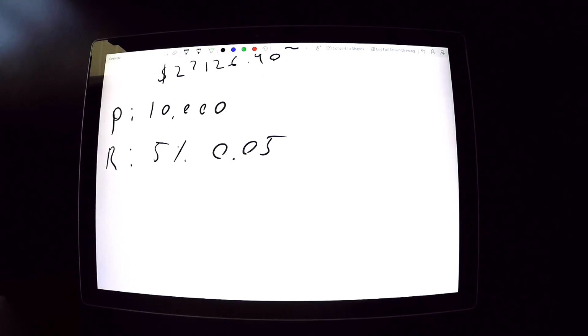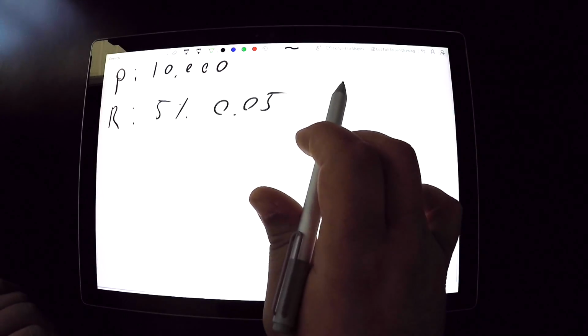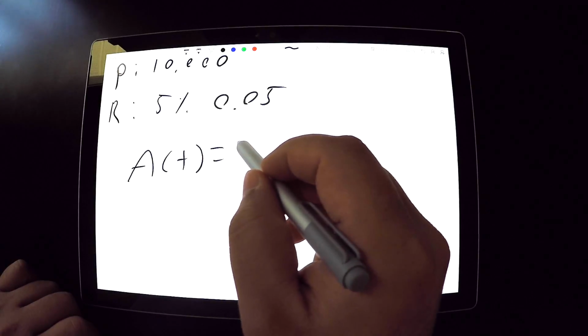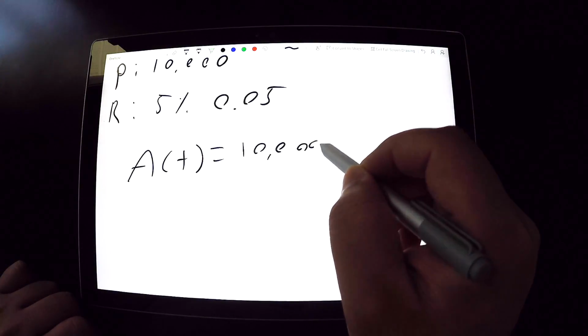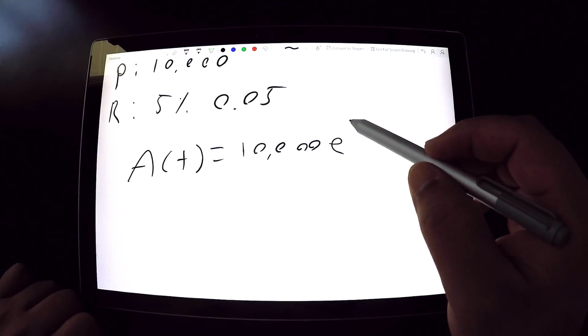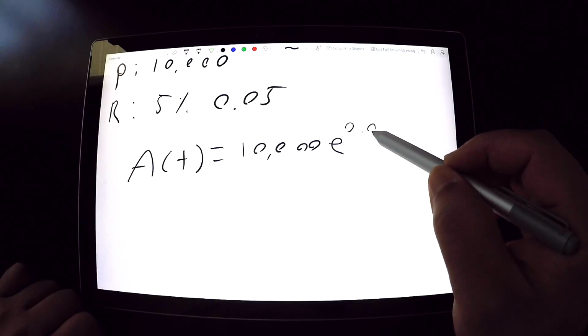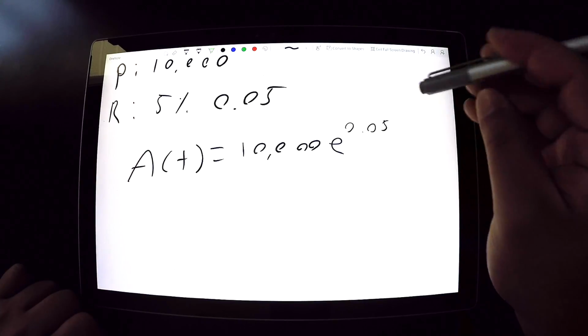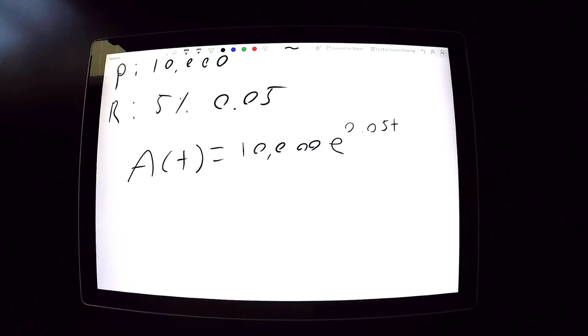The solution is to plug it into this formula: A of t is equal to 10,000 times e to the power of 0.05t.